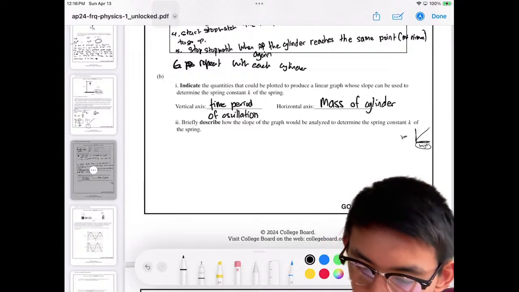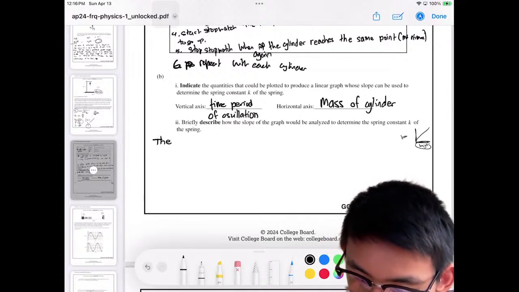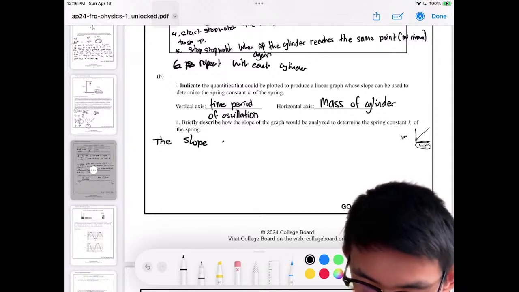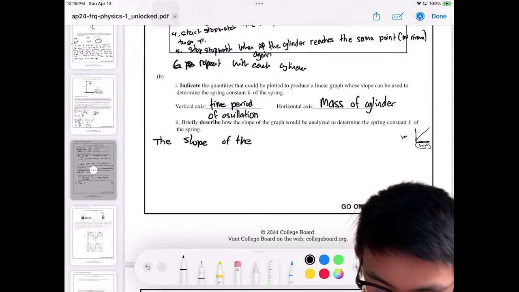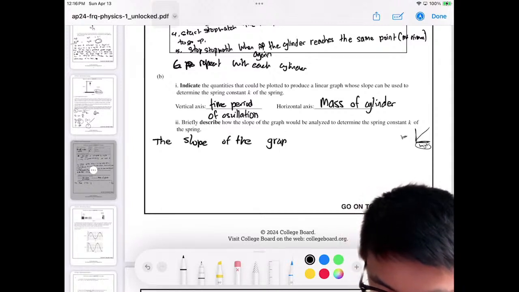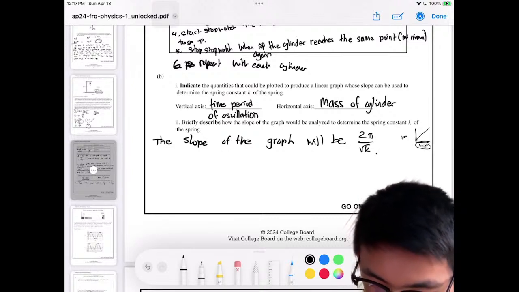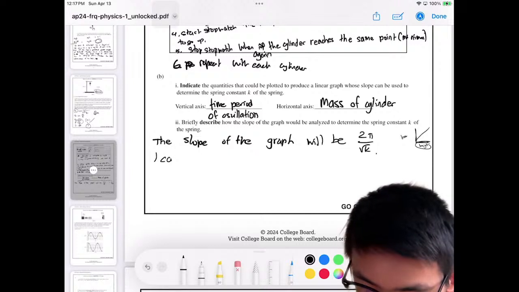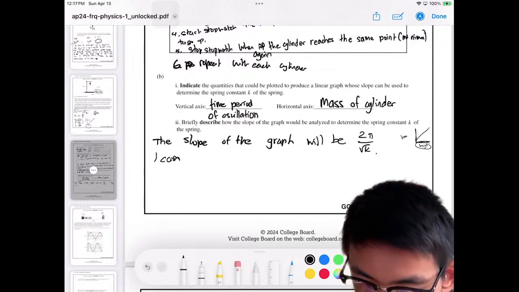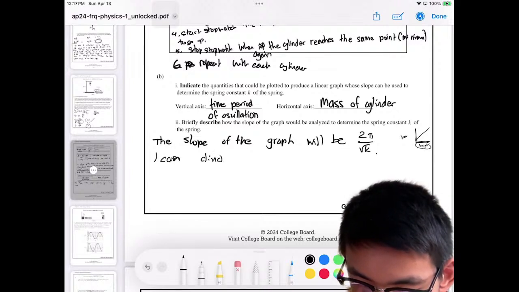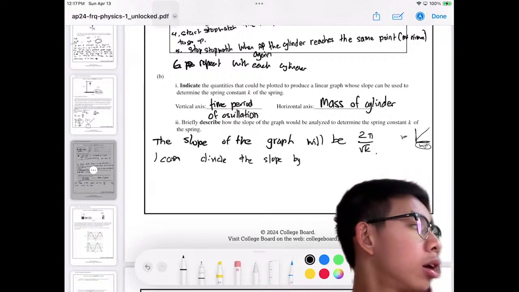The slope of the graph will be 2 pi over root k. I can divide the slope by 2 pi.